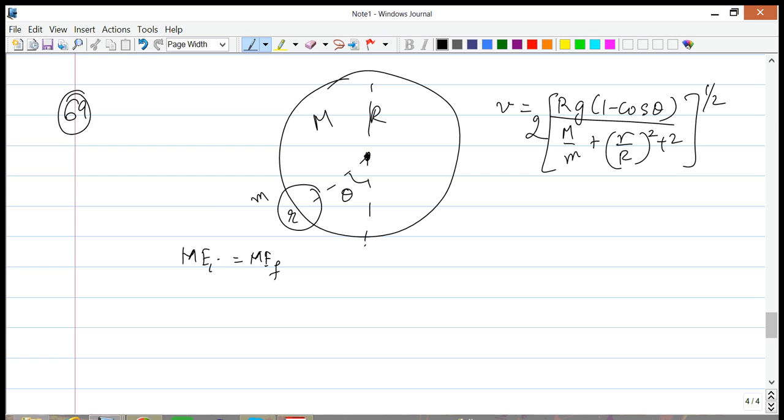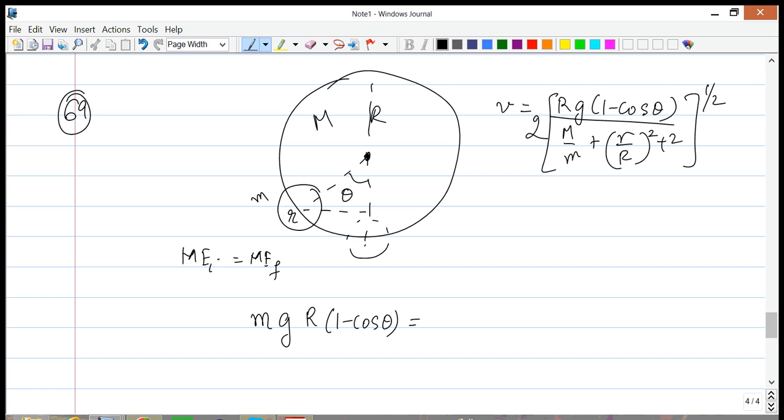The total initial energy is simply due to the fact that this disk of mass small m is making an angle theta, so it has some height. So the MEi is equal to m times g times R times 1 minus cosine of theta, because if we were to measure the height from the lowermost point, we would get the height difference to be R times 1 minus cosine theta.